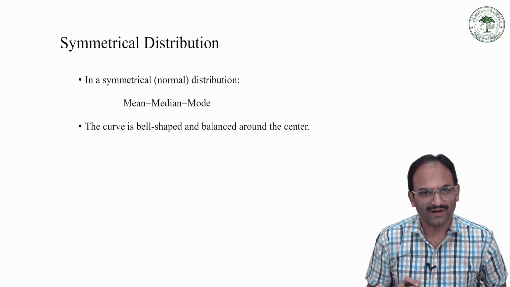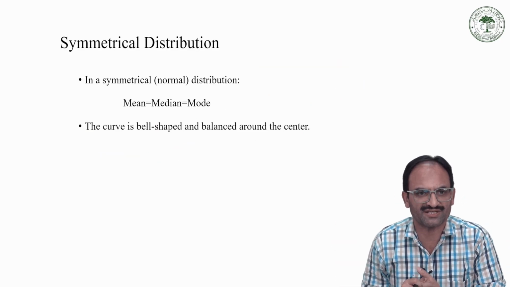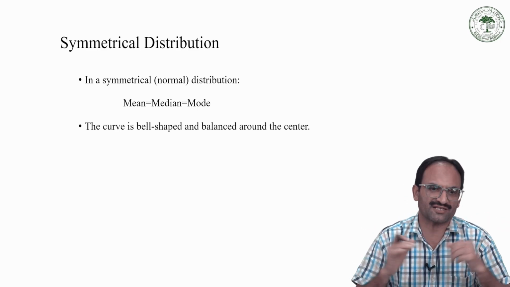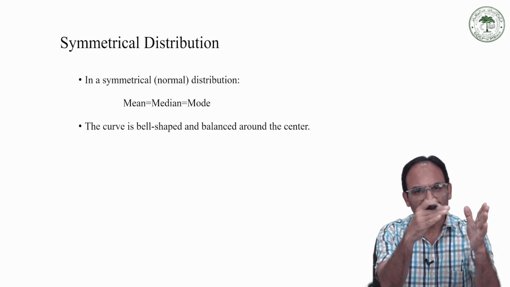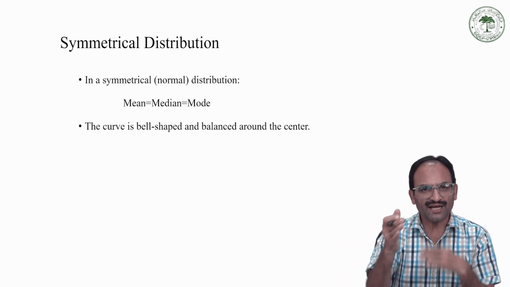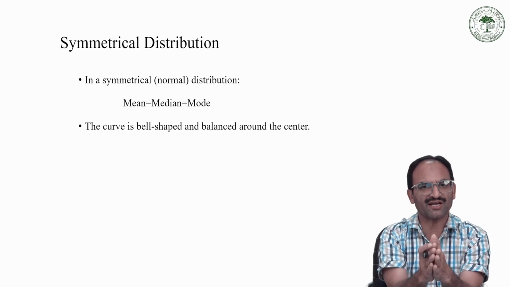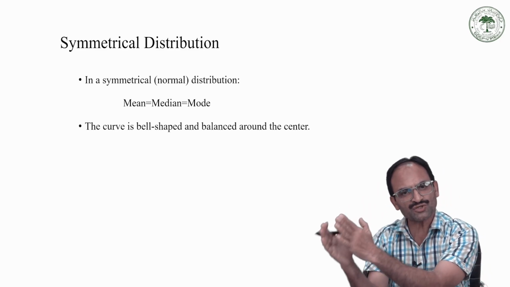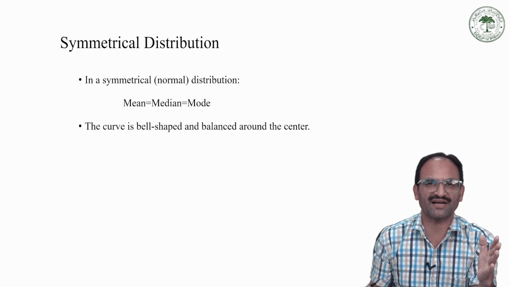Let's take one example and then definitely we will be able to understand. First case, I have taken a symmetrical distribution, the normal distribution that I discussed in the previous slide, in which exactly the whole curve is divided into two parts by the mean, and 50% of scores lie towards the right hand side and 50% of scores lie towards the left hand side.